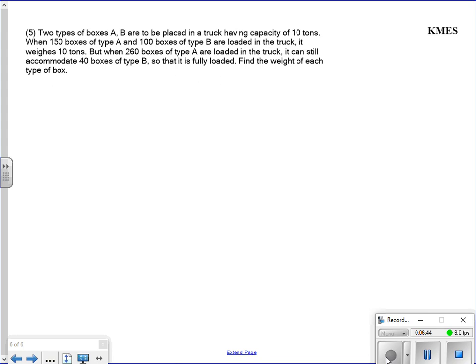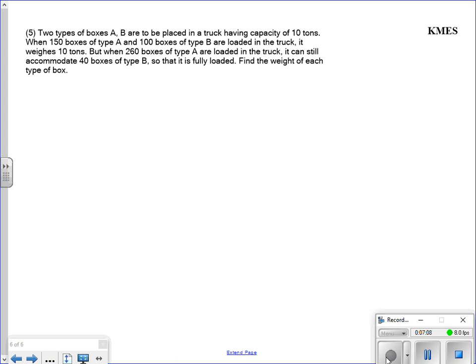So we'll consider the weight of the box as well as the load of the truck in kg. So we'll change 10 tons into kg, which will give us 10,000 kg, as 1 ton is equal to 1000 kg.